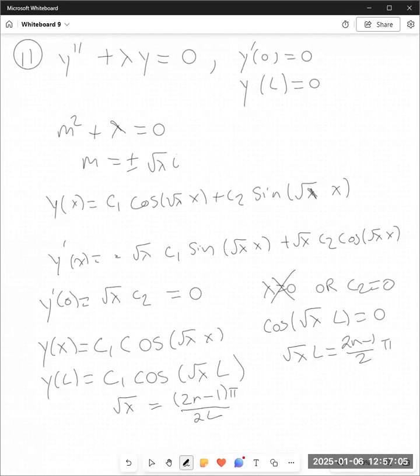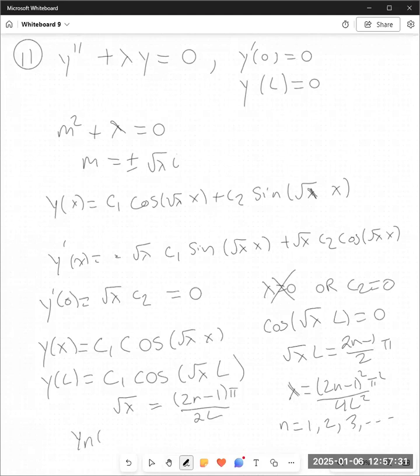I can square that to say my eigenvalues that I'm interested in are lambda equals (2n minus 1) squared pi squared over 4L squared, starting with n equals 1, 2, 3, so on and so forth.